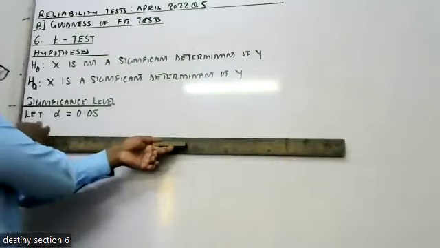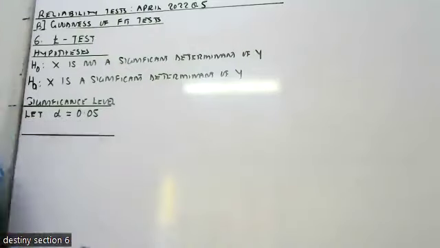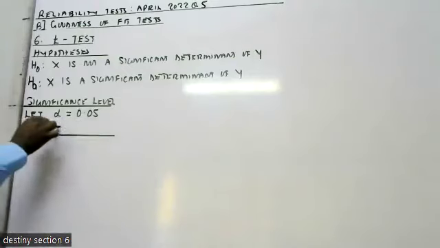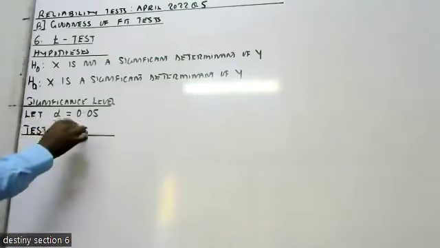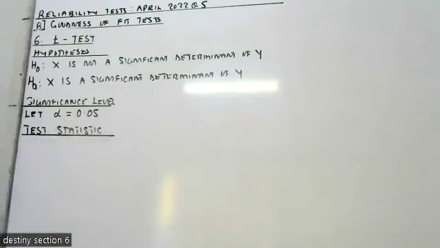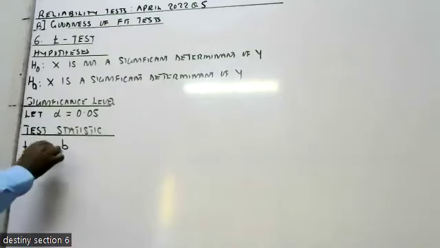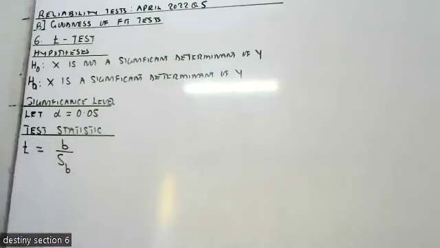Then we go to the third step, which is called test statistic. The test statistic T is given as B divided by SB.